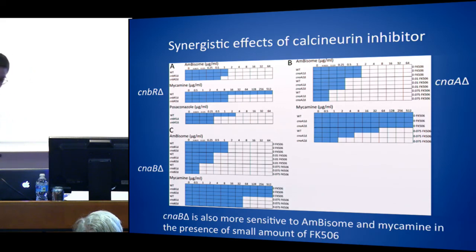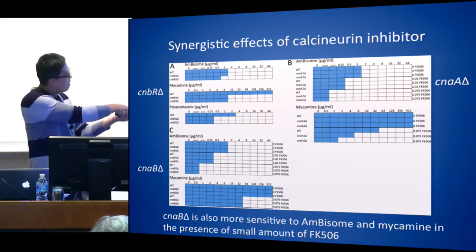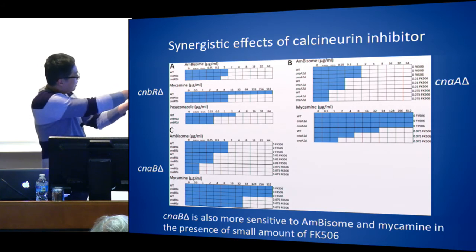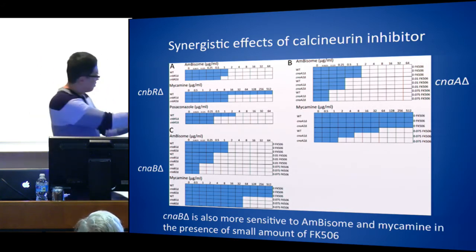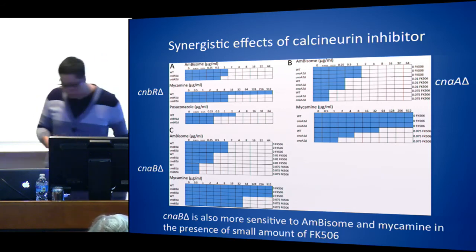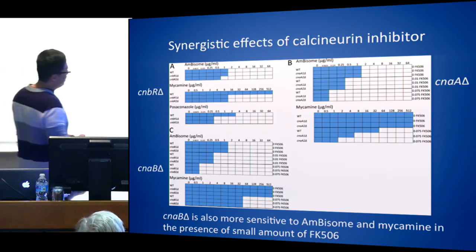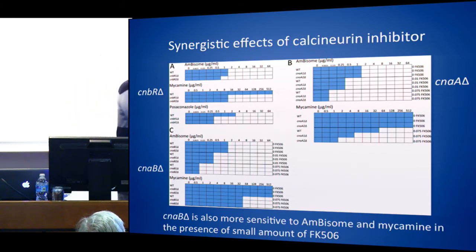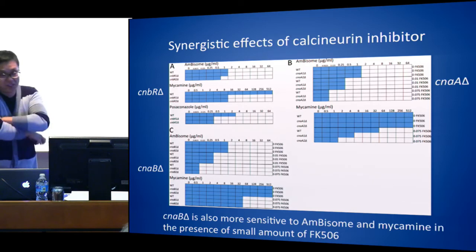The same observation is here with the CNAB mutant. For AmBisome, in the presence of FK506, MIC goes down. The same thing, in the presence of FK506, MIC goes down. So this is an in vitro experiment with the analysis of a genetic mutant and also analysis with the drug combination. This says a synergistic therapeutic approach could be working.